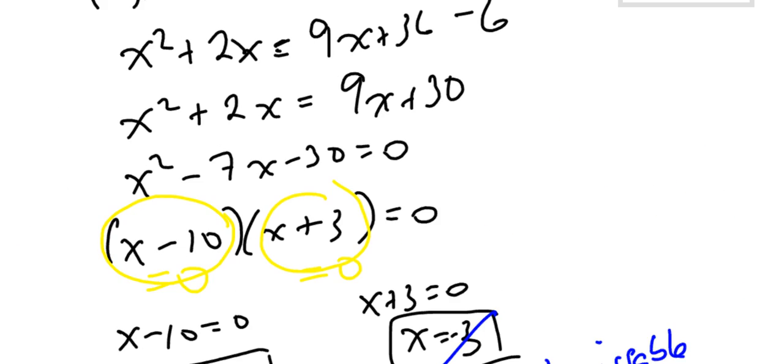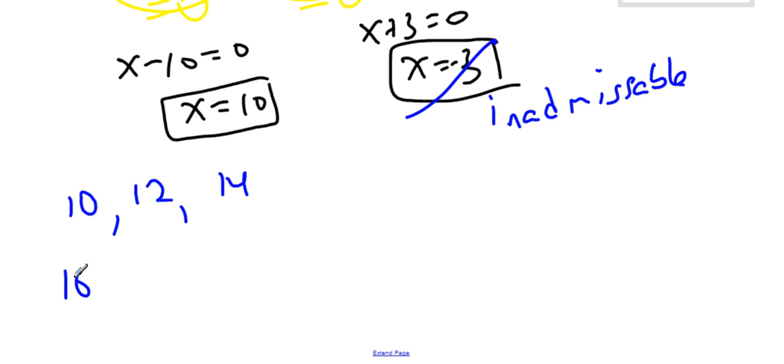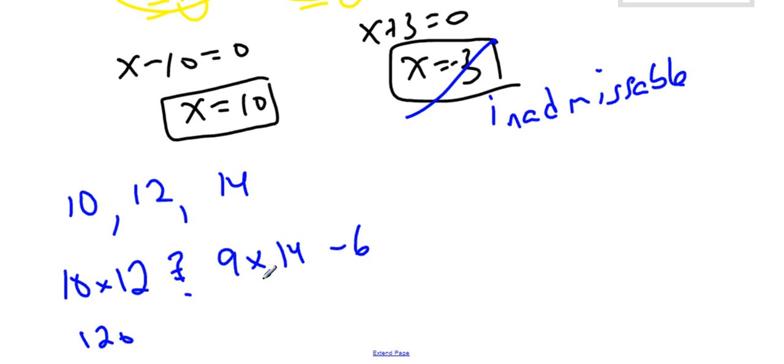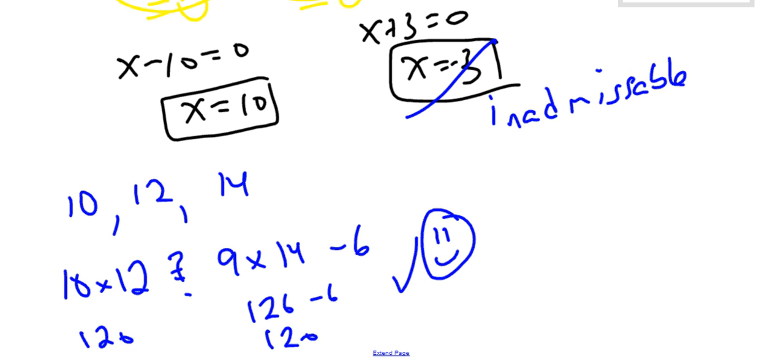Let's check. If I take the product of the first two, is that equal to 9 times the third minus 6? Is that a true statement? So here I get 120. Here I get 9 times 14 is 126. Well, look at that. It works out perfectly fine. So I'm content that I have the right answer.